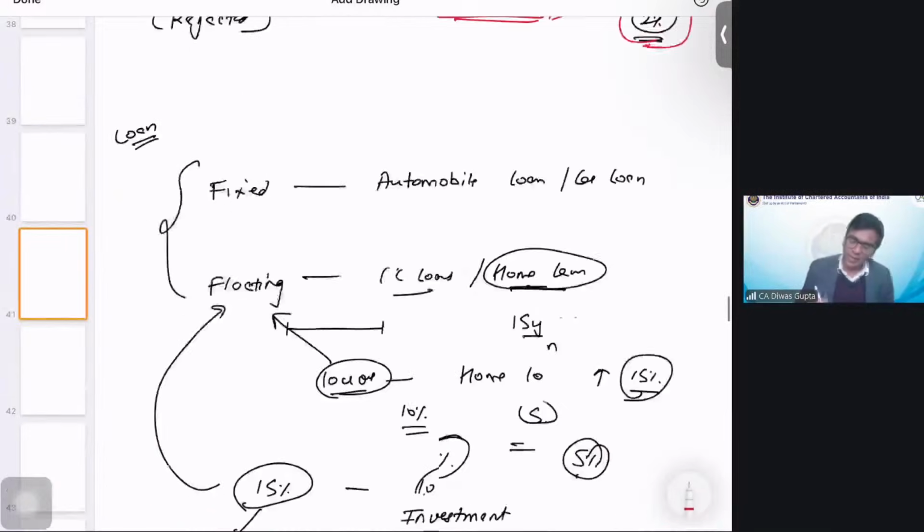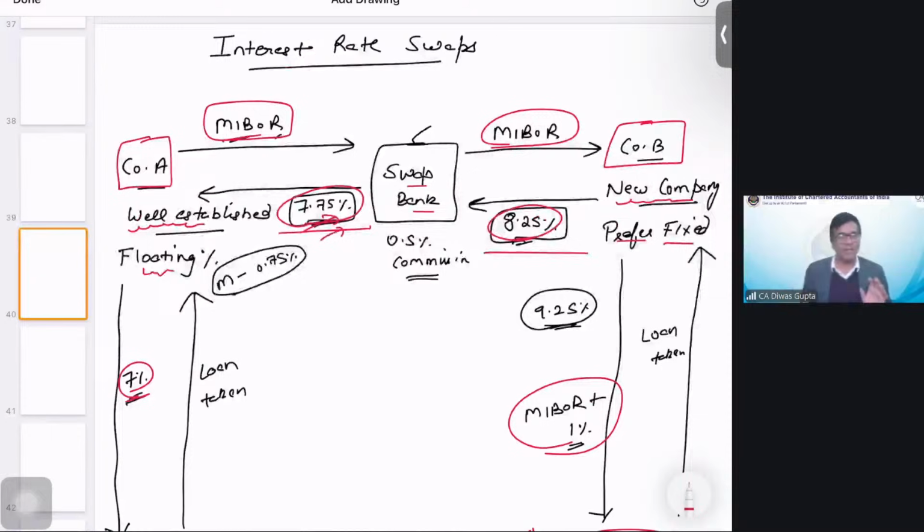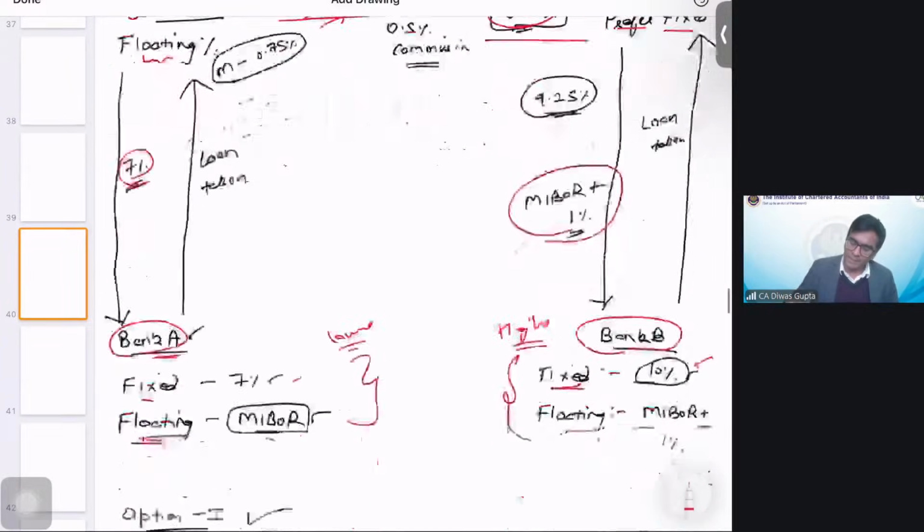So in this case, it is 7.75 that we can do. However, in the questions, these values will be given to you, that is, what is the swap that we are talking about. Or if this value is not given to you and they're asking you to calculate, they will tell you how much gain is attributed to company A. Okay, clear?